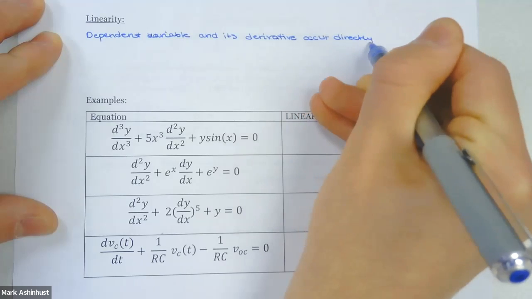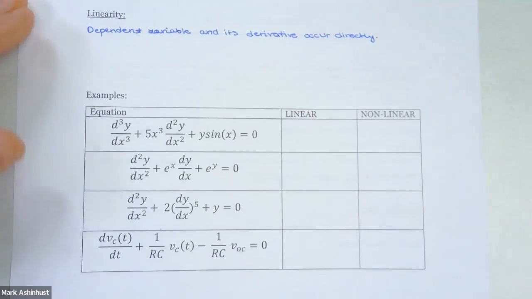Basically, what that means is the dependent variable and its derivatives are to the first power. So if we had a dependent variable being y, that means y will only be y to the power of 1. We're not going to see y squared. We're not going to see y cubed, anything higher, because that'll break linearity.